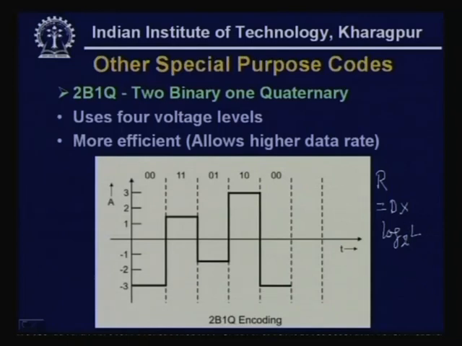Because it is using 4 levels, the data rate will be 2 times, and as a result each signal element will be able to represent 2 bits. So, this signal element minus 3 is representing 0 0, or this signal element that is plus 1.5 is representing 1 1. So, we see by using this multi-level encoding we are able to send more data with lesser number of signal elements. So, in other words, with lesser baud rate your data rate is more.